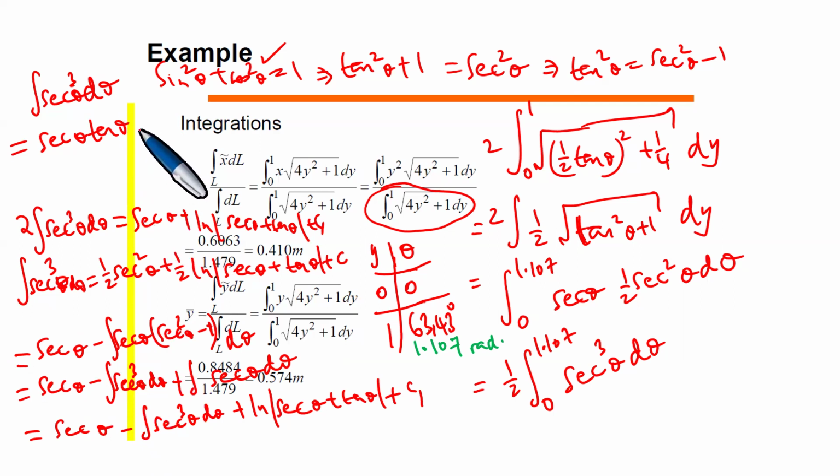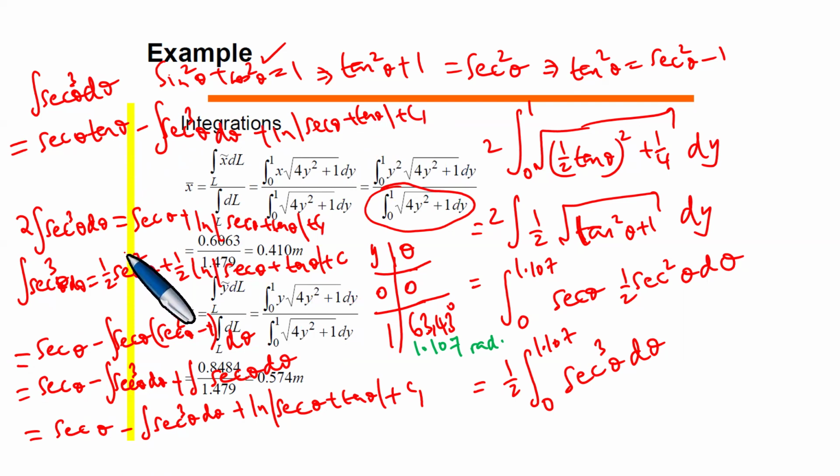Then you have minus the integral of sec cubed theta d theta plus the integral of sec theta tan theta plus C1. So this one is going to be 2 sec tan. I know that I'm just congesting the things, but you sort of get the idea of what's happening here.